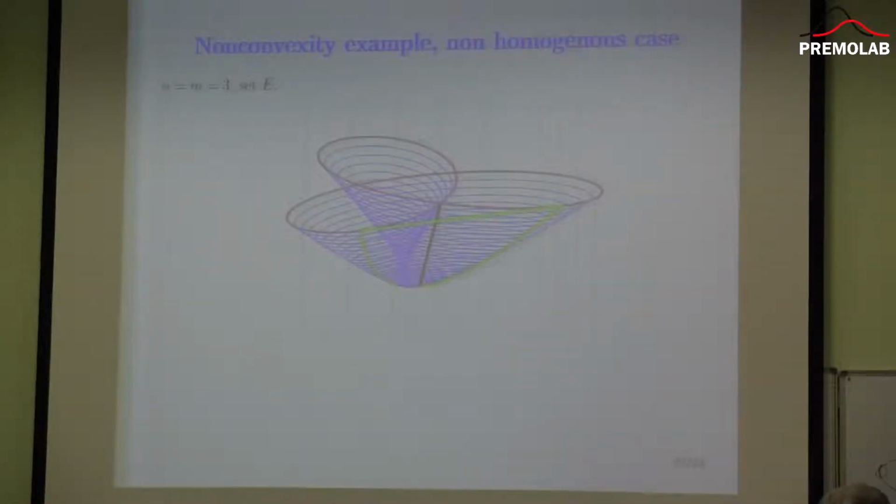Well, let me explain what this is. It's a 3D image of 3D space with non-homogeneous quadratic functions.